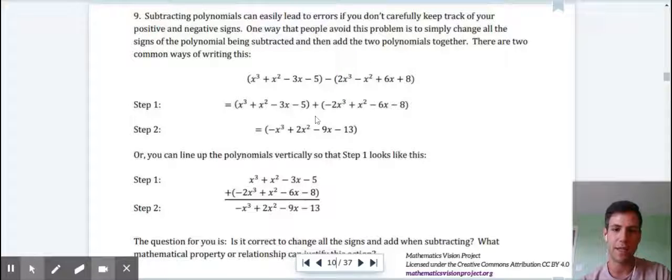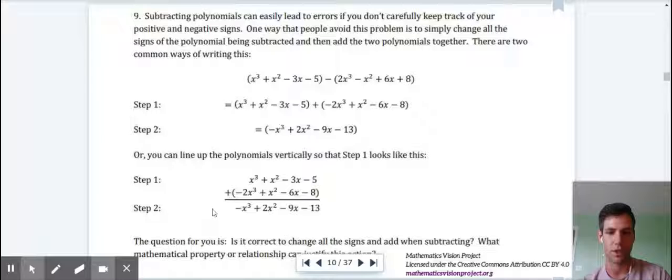So you can see that's what happened in this top example, where you're subtracting 2x cubed minus x squared plus 6x plus 8. So when you subtract a positive, you're actually just adding a negative. Subtract a negative, you're just adding. And you can see everything switched to the opposite sign. For horizontal subtraction, you can get your answer.